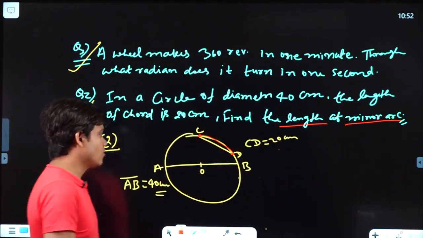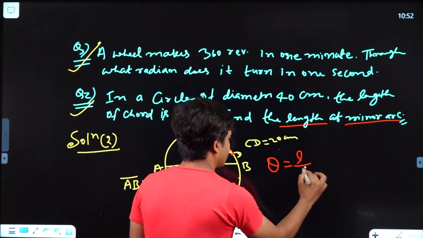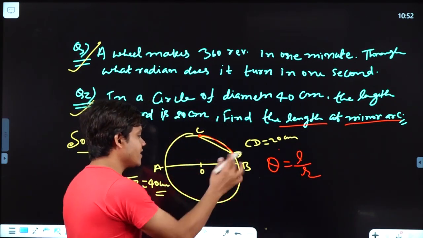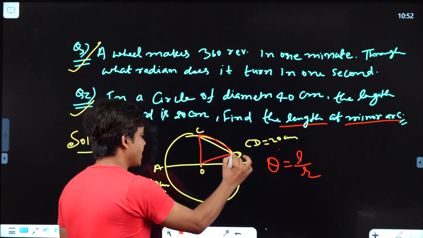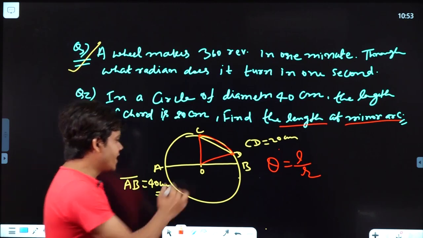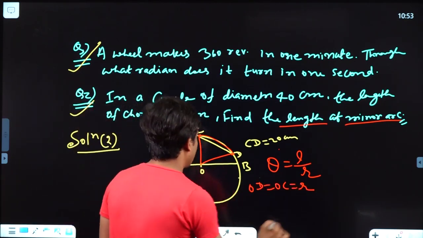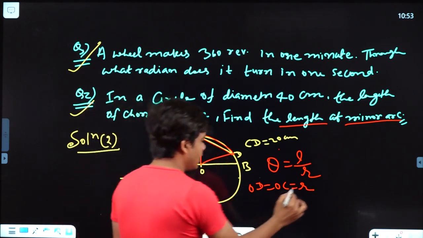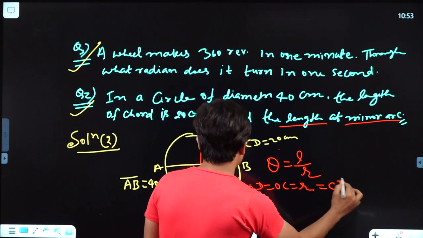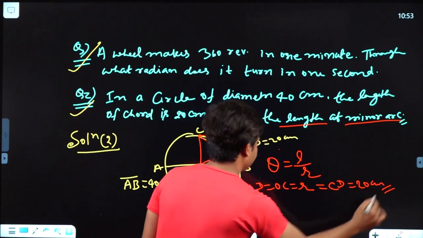You have to find the length of the minor arc, and certainly we can do it by using the relation theta is equal to L by R. But what is theta here? What is L? What is R? So we have to make a figure like this. We can see OD is equal to OC is equal to R, and CD is the chord, and CD is also equal to R, which is 20 centimeter.